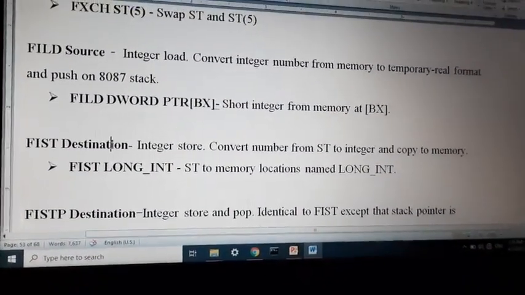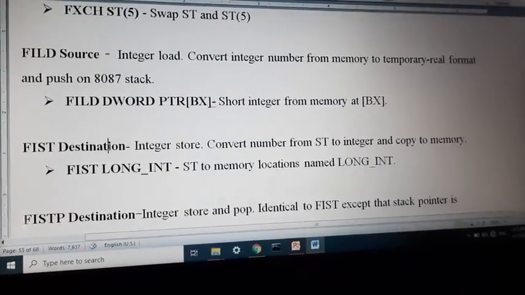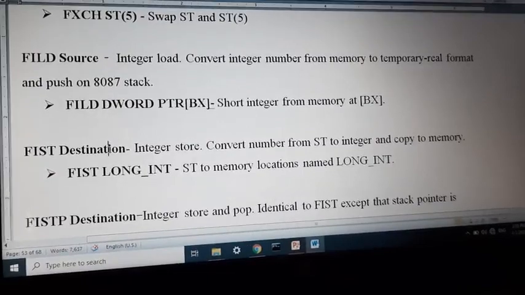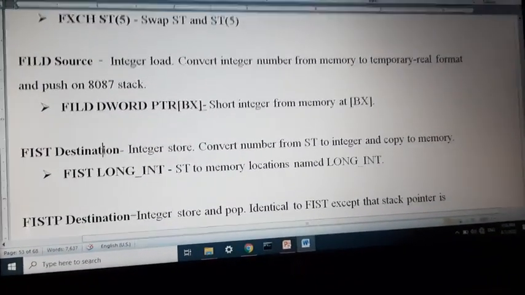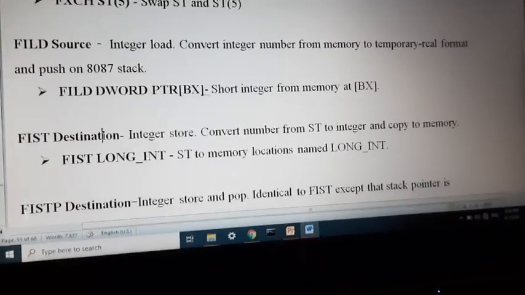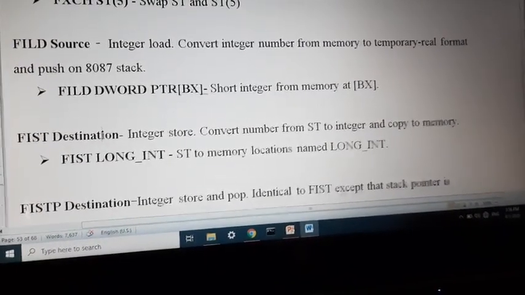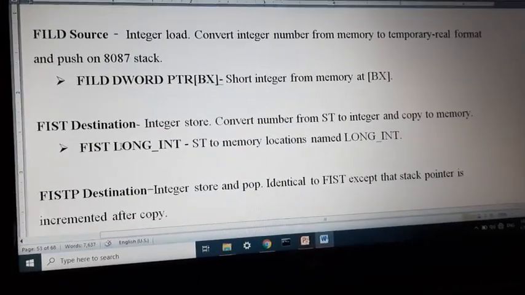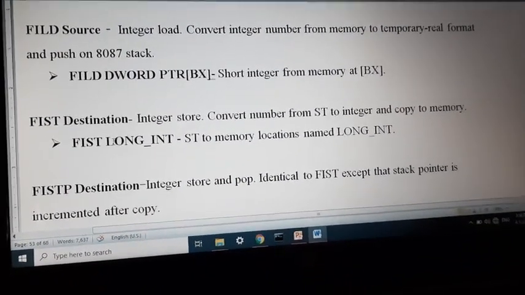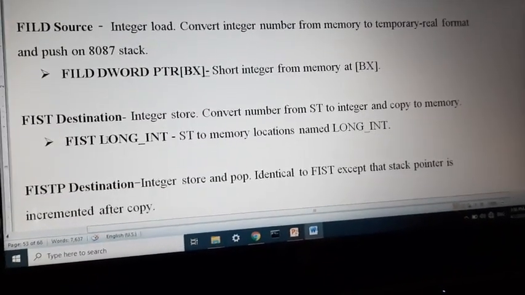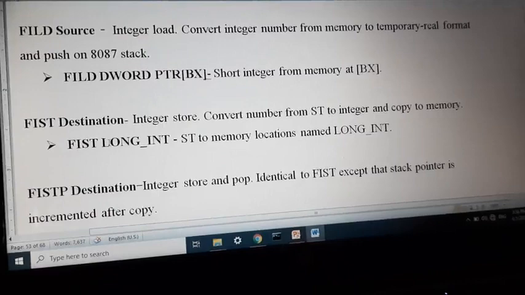Now while performing the load operation, we are converting the integer value into the real and then we are pushing it onto the stack. For store operation, we are popping the top of stack, which is actually a real value, and then we are converting into integer to store into the given destination. Next instruction is FISTP, that is I, that is the integer, ST means we have to store, and P stands for a pop.